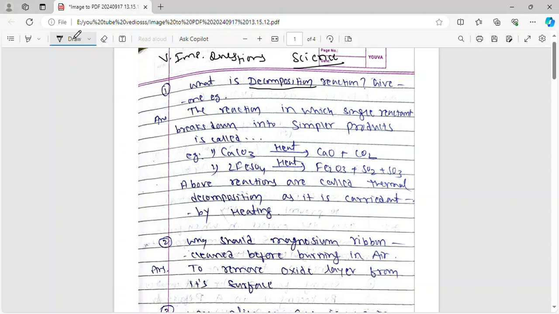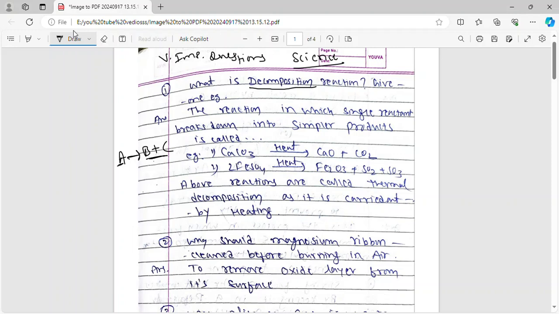So what is decomposition? The reaction in which a single reactant is broken down into simpler products. So A is a single reactant, it is broken down into simpler products, it is called a decomposition reaction.